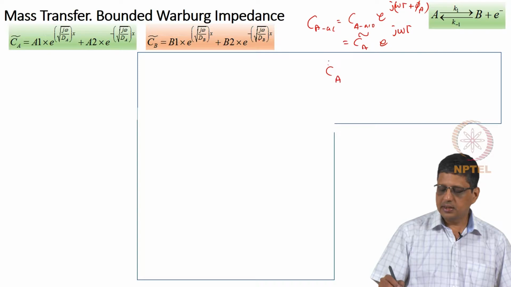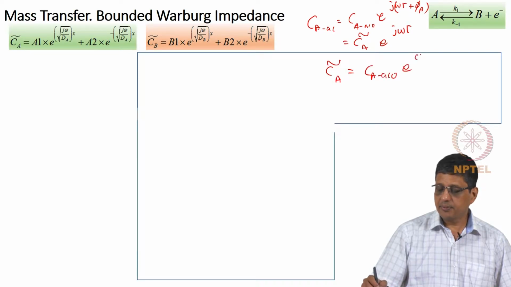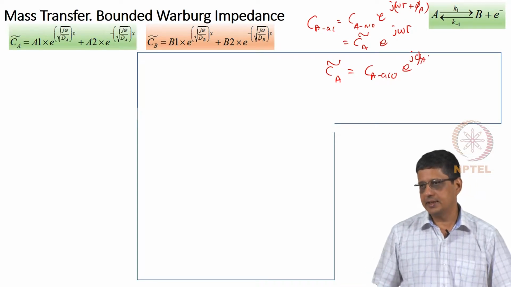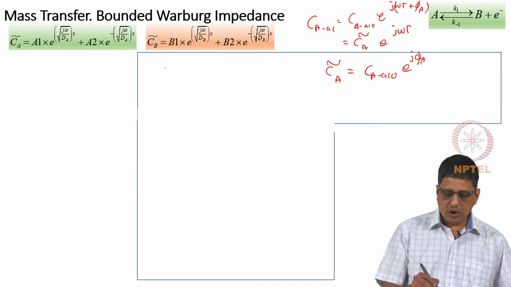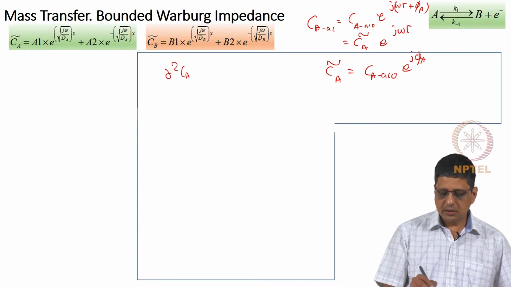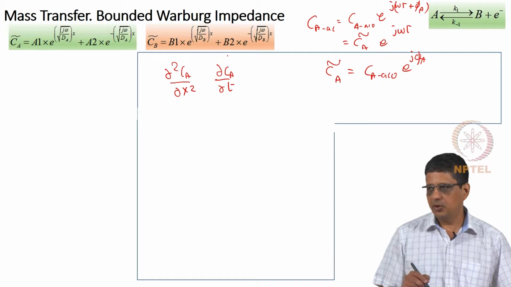That is to say, Ca tilde is defined like this, and similarly we have Cb tilde, and our original equations were, and likewise in dou Cb by dou t.